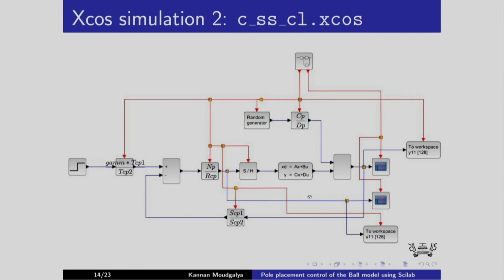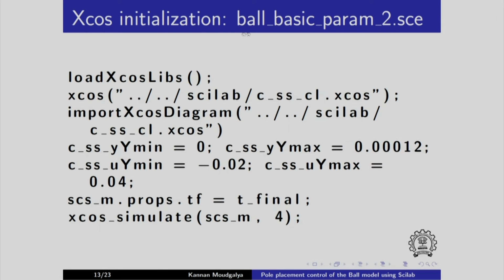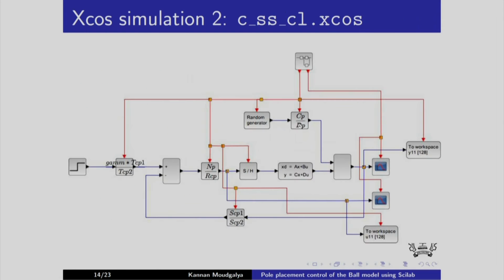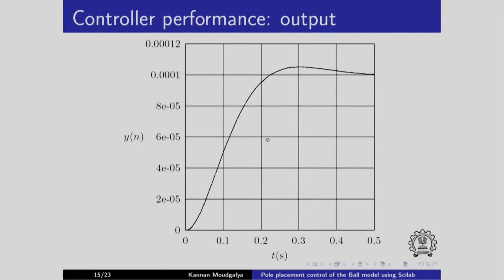If you want to use this, you would invoke the second parameter file, ball_basic_param_2.sce. It invokes this other xcos file which is given by c_ss_cl. Once again, this is loaded and simulated. It does not matter which one you use, you get the same results which I show in the next slide.